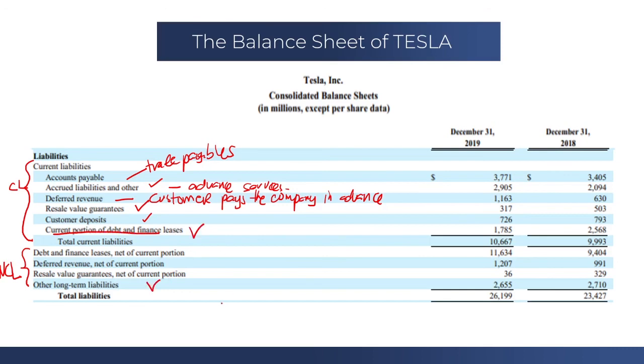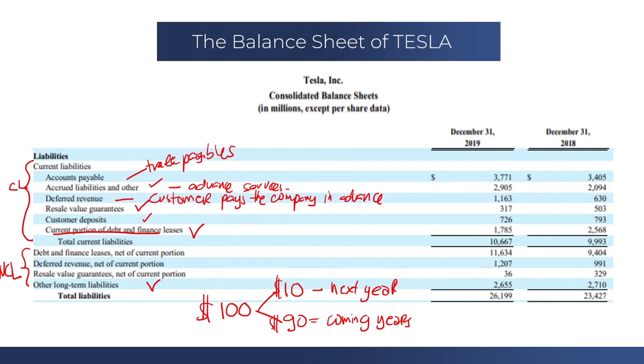For example, if you have a total liability of $100, you have to split this in your financial statement to have the $10 that are going to be paid next year, and then you have the $90 that's going to be paid in the coming years after next year. That's why we have this current portion and then debt and finance leases net of the current portion. So that's important to take note.